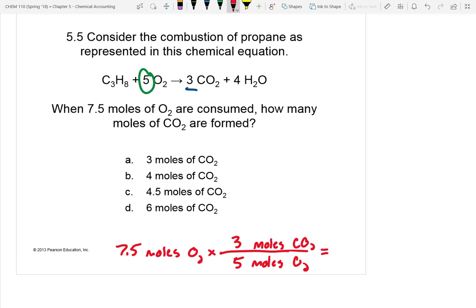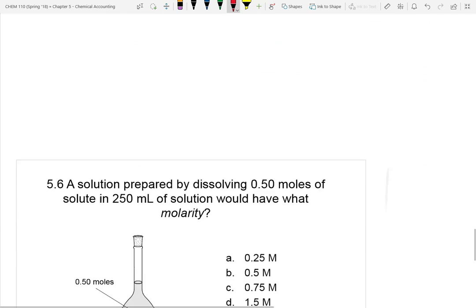And what does that get you? 4.5. Oftentimes, students with these problems think that you need to go to the periodic table and find masses and things like that. You don't need to do that with mole-to-mole conversion. Make sense? All right, one last one.